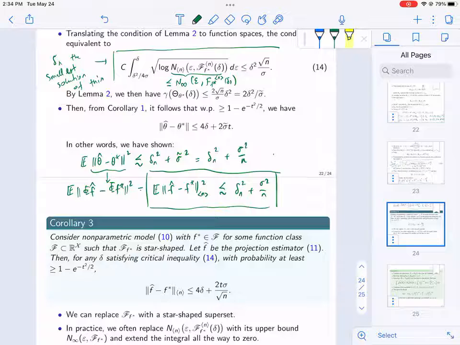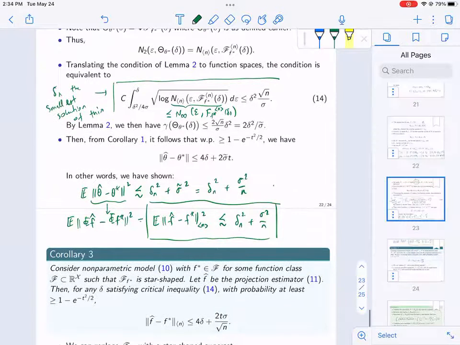So once the dust settles, if you can solve this equation and find the smallest delta that satisfies this, that delta directly controls the expected empirical norm squared. So that's this result.